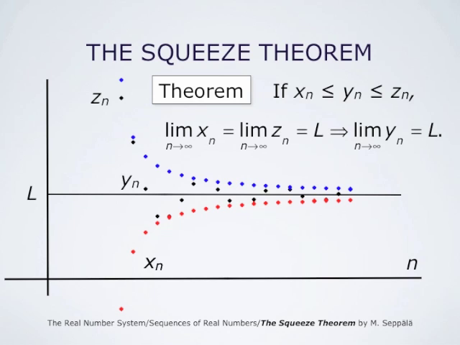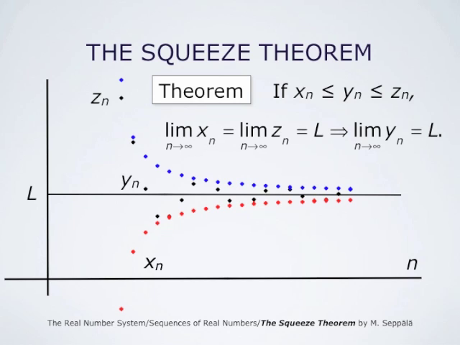Therefore, the graphs of these functions xn, yn, and zn constitute a whole lot of dots. Now these red dots form the graph of these numbers xn. The black dots form the graph of the numbers yn, and zn's are the blue dots.